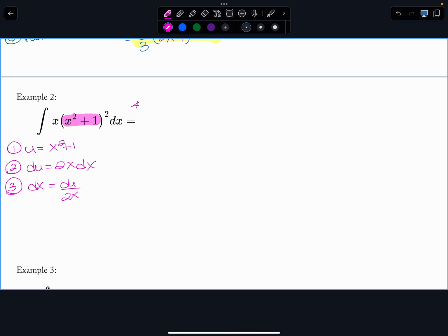And then I'm going to substitute it in. So I had an x. I have the squared. What's inside is u. My dx becomes du over 2x.